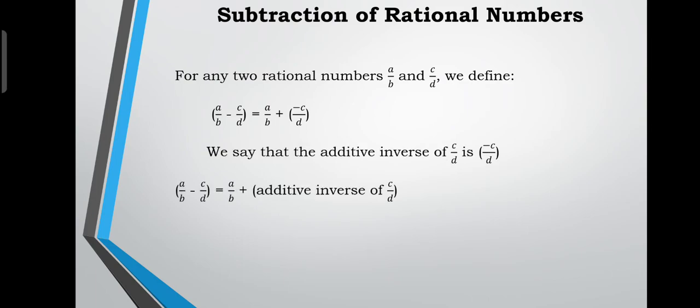We say that the additive inverse of c by d is minus c by d. So we can write a by b minus c by d is equal to a by b plus the additive inverse of c by d. I hope you understand how we can subtract rational numbers. It is very easy, children.